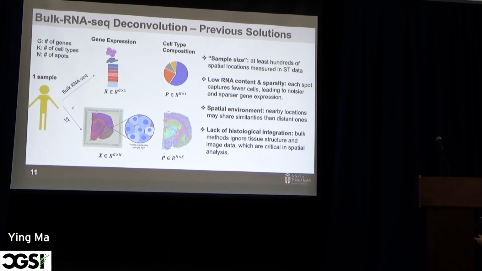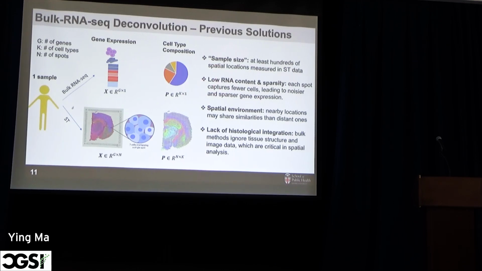So the first difference between bulk and spatial transcriptomics is that the sample definition is different. In bulk RNA-seq, the sample is at the subject, patient, or individual level. However, for spatial data, the sample represents each spatial location, and each spatial location has its own gene expression measurement.